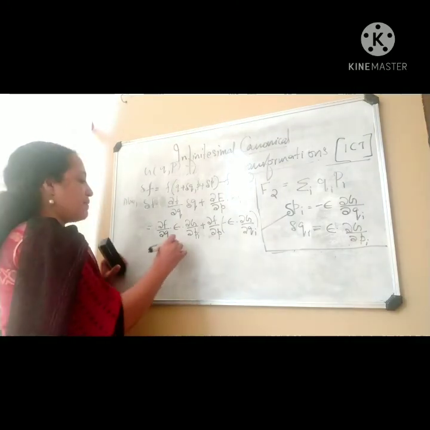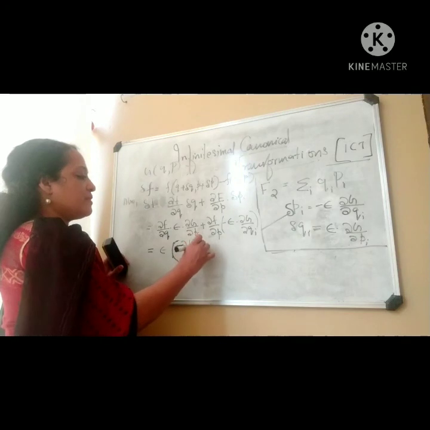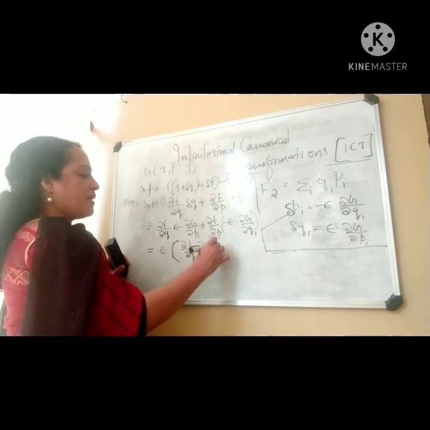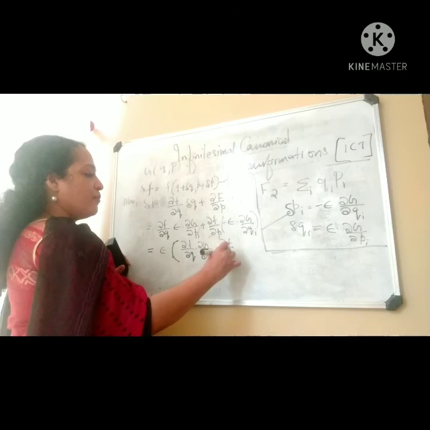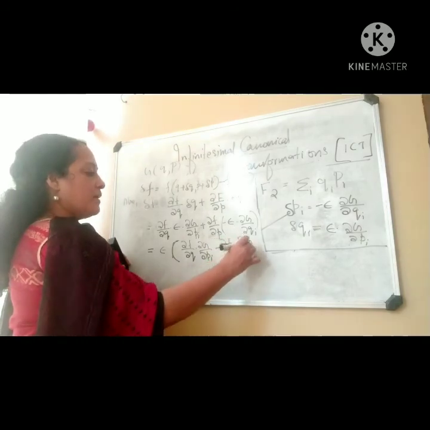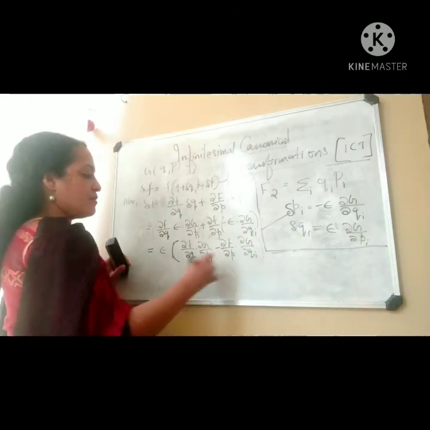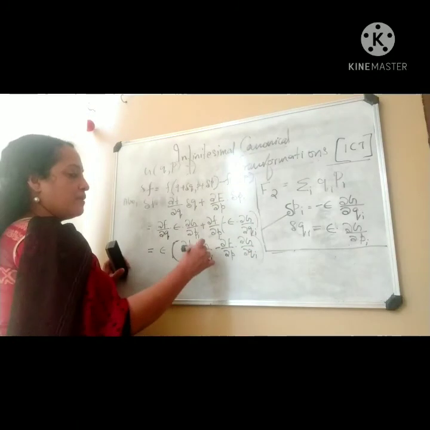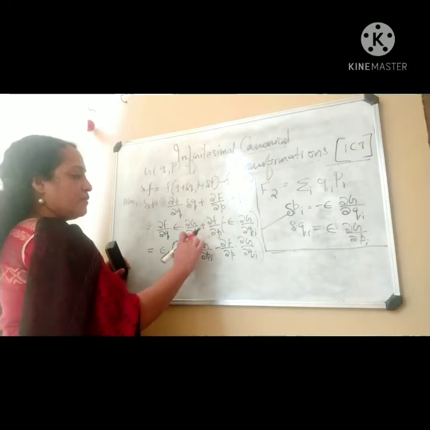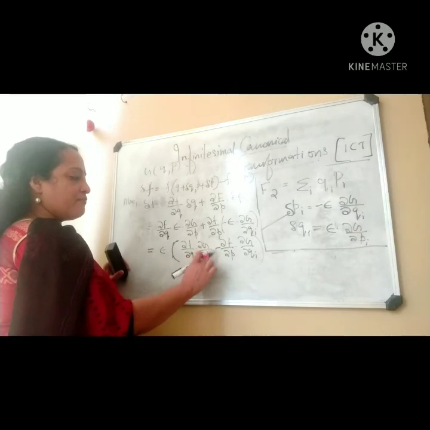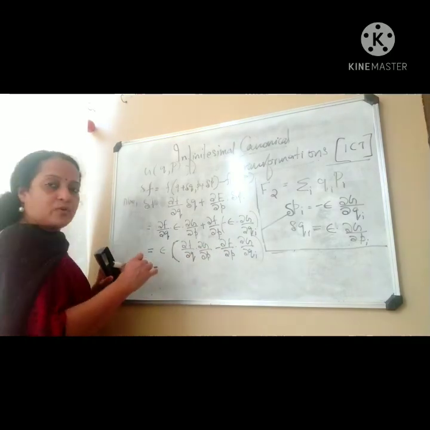So this becomes epsilon into dou f by dou q into dou g by dou pi minus dou f by dou p into dou g by dou qi. This is of the form of a Poisson bracket.